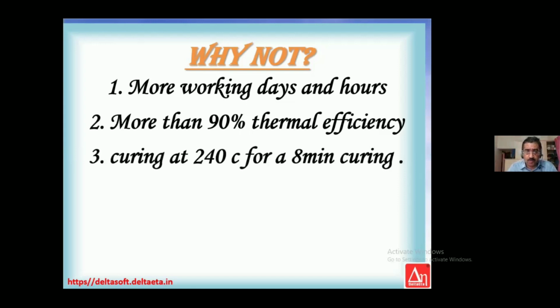Curing can be done at 240 degrees. So this will make for a minimum 8-minute curing time. So this will get you more output per round, for the working hours you are doing. The output per round is 120 pieces, but if you are having more rounds in a day, you get more output.